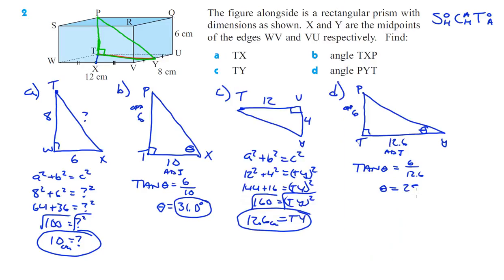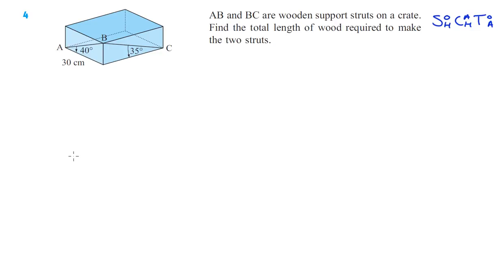So let's go with 25.5 degrees. Okay, these answers are going to be off just a smidge from the back of the book. It's just because we've rounded off our answers, but it shouldn't be off by more than a tenth or two, so we should be good on that. All right, let's move on to the next one, number 4.